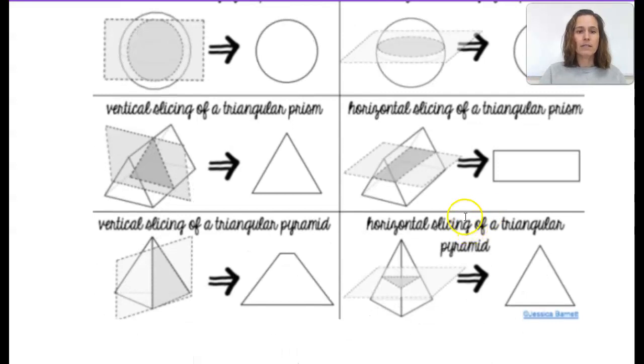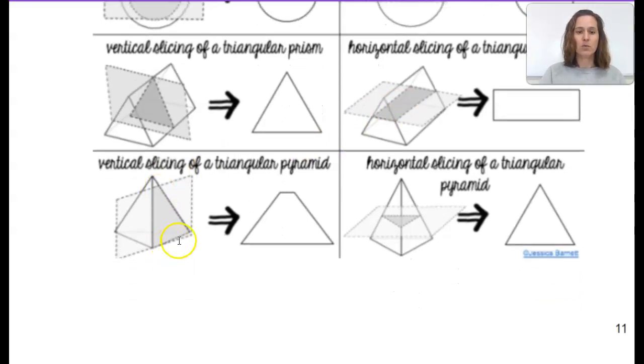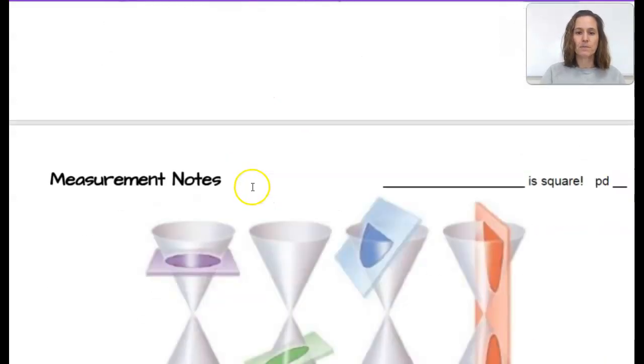If I vertically slice a triangular prism, we would get a triangle. If we horizontally slice a triangular prism, we would get a rectangle. Vertically slicing a triangular pyramid would give us a trapezoidal shape. And if we cut it horizontally, again, it'd be parallel to the base, so it would be the same shape, which in this case is a triangle.